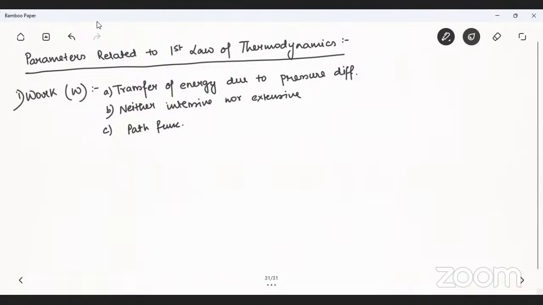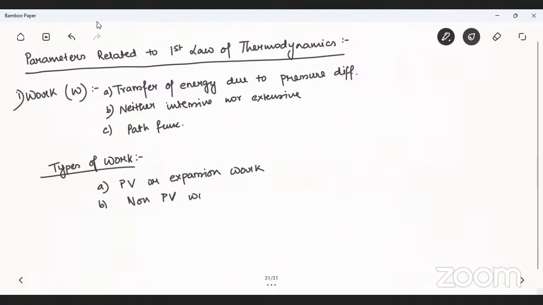So, what are the types of work? PV or expansion work, and non-PV work. In class 12th I won't be saying why I'm using PV and why I'm not using PV, that is the reason I'm writing here in extreme detail.